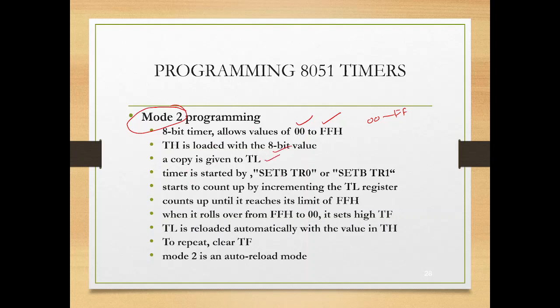The timer is started by the set timer 0 or set timer 1 instruction. It starts counting up by incrementing the TL register until it reaches its limit of FF. When it rolls over from FF to 00, TF goes high, and TL is reloaded automatically with the value in TH. To repeat, clear TF. Mode 2 is auto reload.